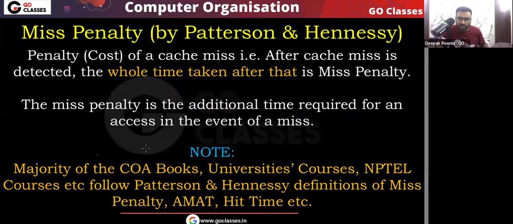Okay, so you can see the majority of the computer architecture books, university courses and NPTEL courses follow the Patterson and Hennessy book. This is the most standard and most followed book for computer architecture. So that is the reason we are also going to follow the Patterson and Hennessy book by default.